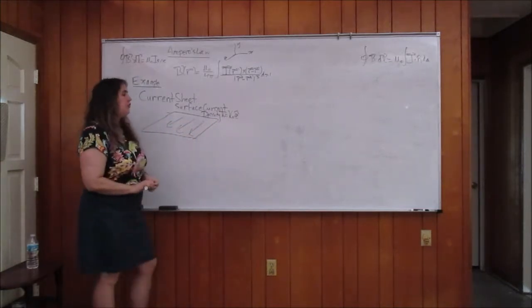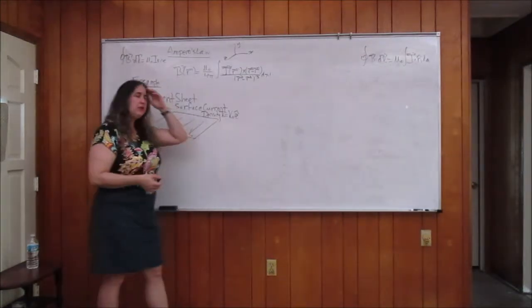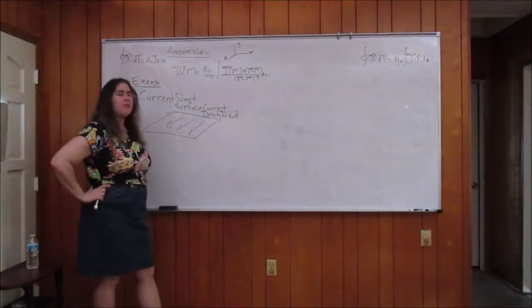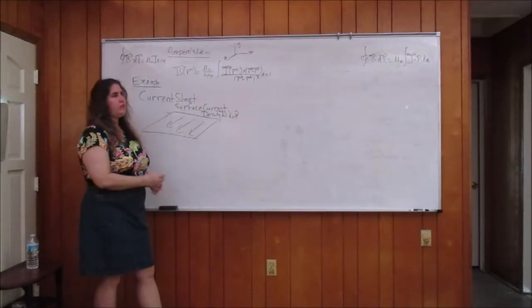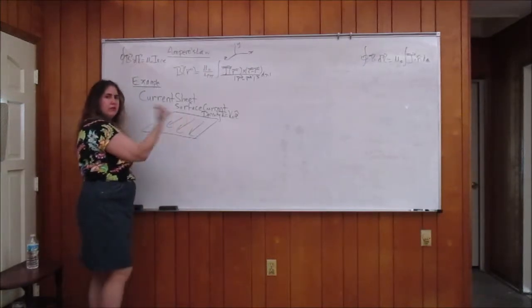First order of business is to determine the direction of the magnetic field. Well, I could use the right-hand rule. Thumb pointing out of the board, fingers curl in a direction.